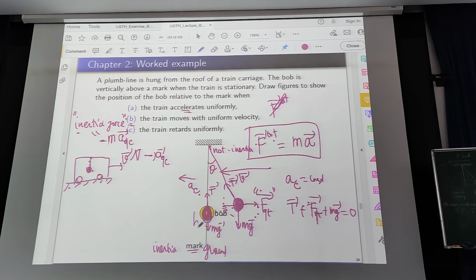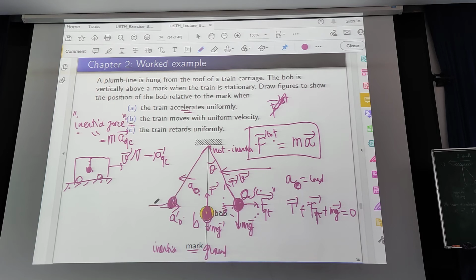Still here, case B. Case C, the train goes uniformly, so it goes to the left, and going down the acceleration is A prime. The acceleration goes to the right, and the inertial force goes to the left, making the ball move like this.